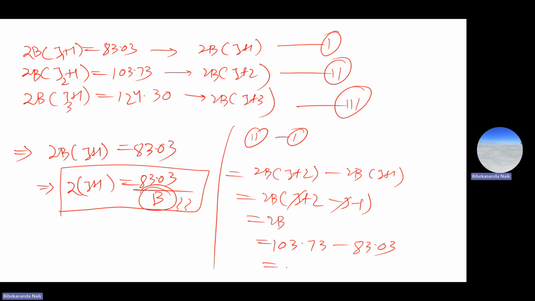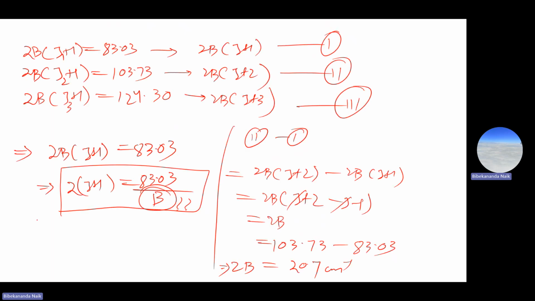This value is 20.7 centimeter inverse. So 2B is 20.7 centimeter inverse, and B will be 20.7 divided by 2, which is 10.35 centimeter inverse. Now the value of B is found.